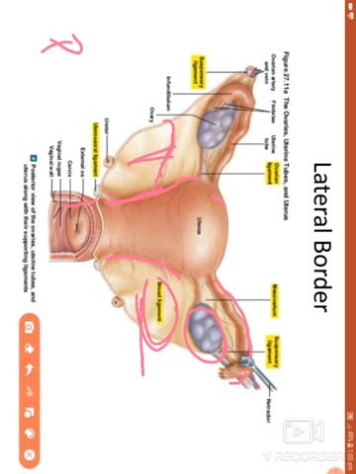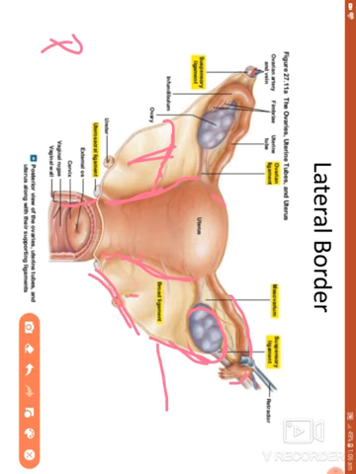This is the lateral and inferior part of the broad ligament. This is the medial border of the broad ligament. The medial border is attached to the lateral border of the uterus. The lateral and inferior part is attached to the pelvic wall.